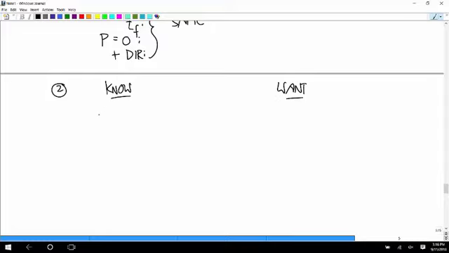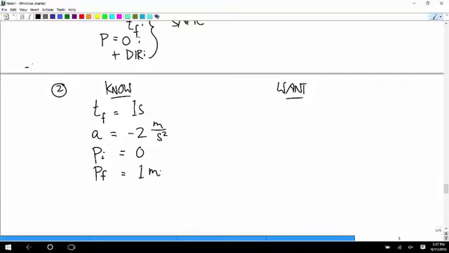So we still know time final is 1 second. Now we know the acceleration too. We just solved for that. That's negative 2 meters per second squared. The initial position is 0. The final position is positive 1 meter.